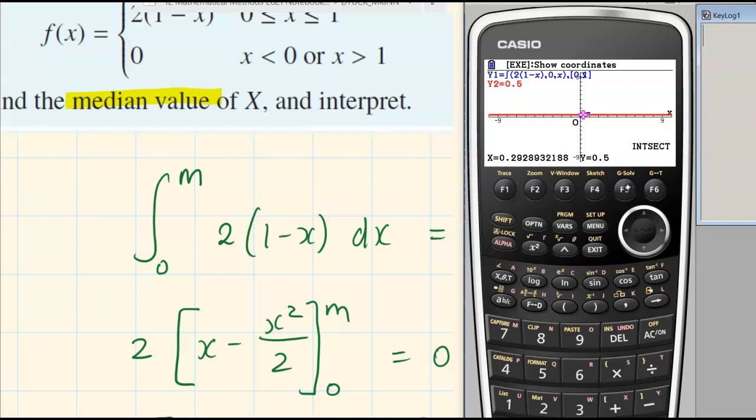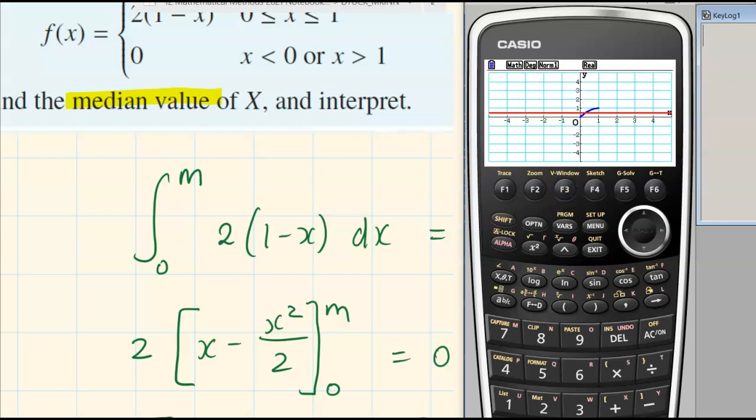So if I just zoom in a little bit, what do you know the area under that blue curve is going to be? 1. So if I drew a vertical line through where that red line intersects the blue line, the area on the left of that would be a half, and the area on the right of that would also be a half.